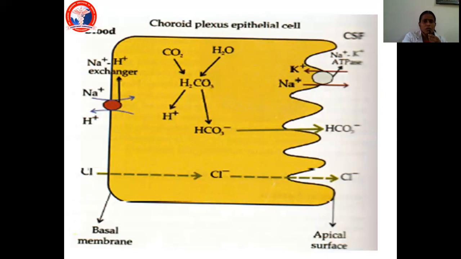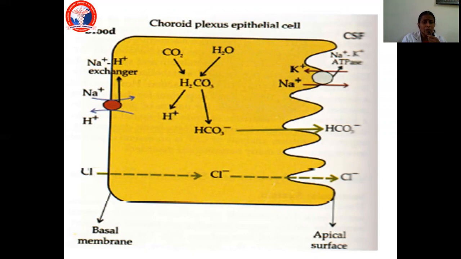So this picture showing the formation of the CSF, and this yellow color cell is the ependymal cells. Inside the cell, the carbon dioxide combined with water to form the carbonic acid by the action of carbonic anhydrase enzyme. This carbonic acid is a highly weak acid and immediately dissociates into hydrogen ion and bicarbonate ions.